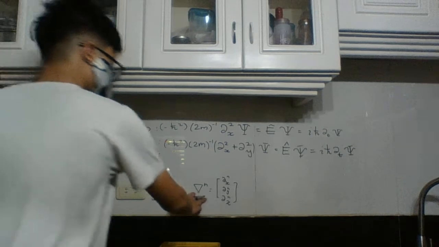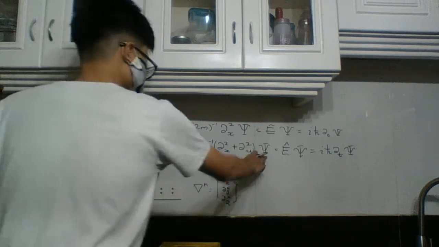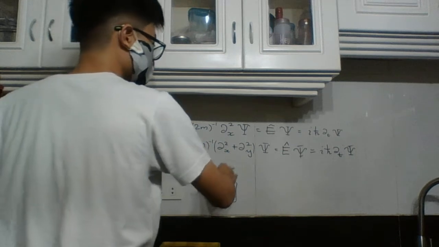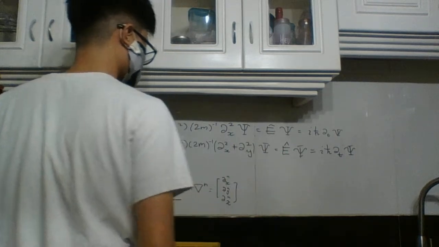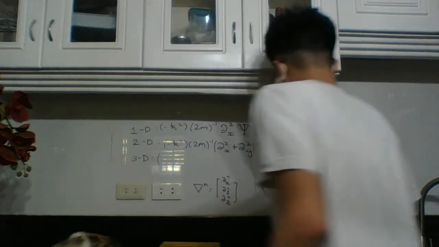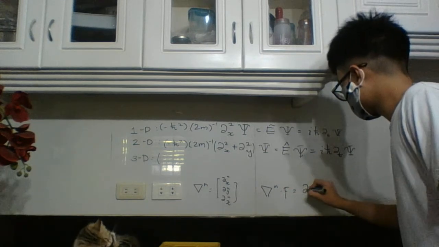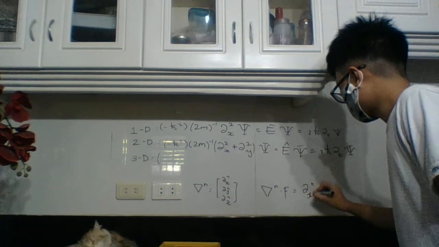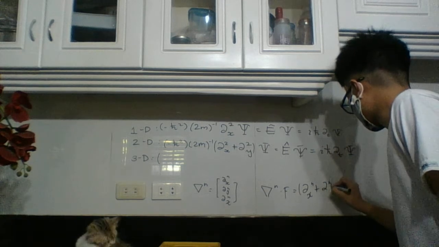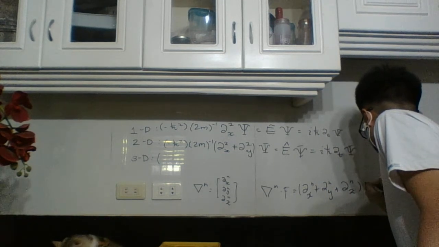When we take its dot product with something else, we just get the sum of the products. So the Laplacian dotted with a function f gives partial x plus partial y plus partial z, applied to f.